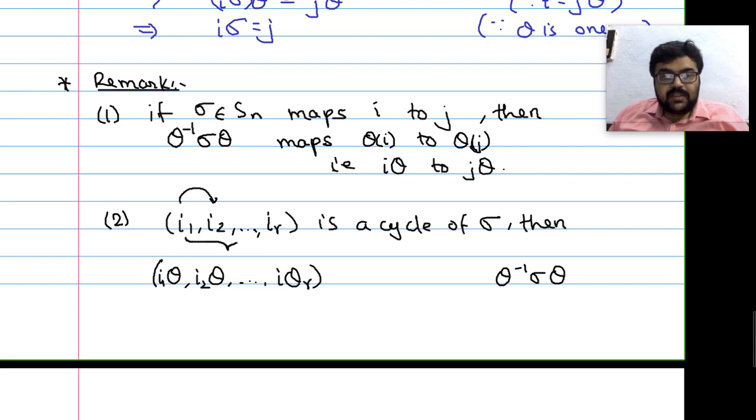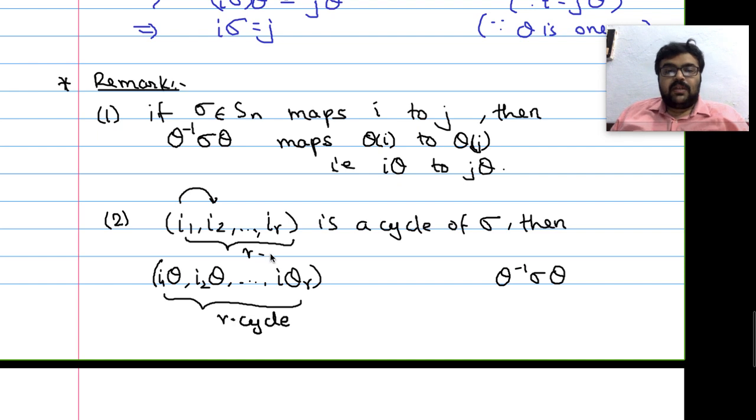So if this is a cycle of length r, then this is also an r cycle. So if this is an r cycle in sigma, then this is an r cycle of its conjugate. So this is a conjugate of sigma.